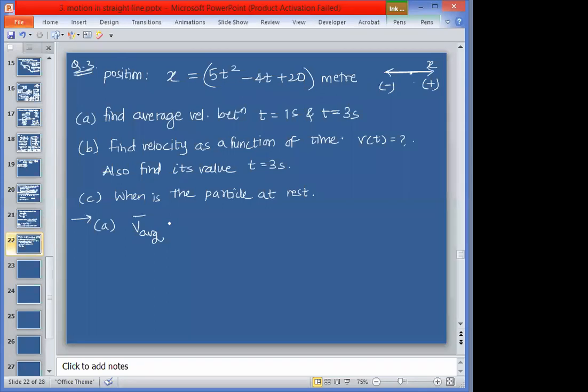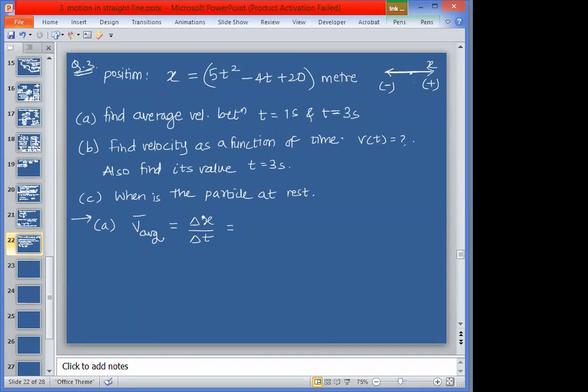So V average as a velocity. Okay, we will find out the final position, initial position, and change in time. We know average velocity is change in position upon time required. Change means always final minus initial.